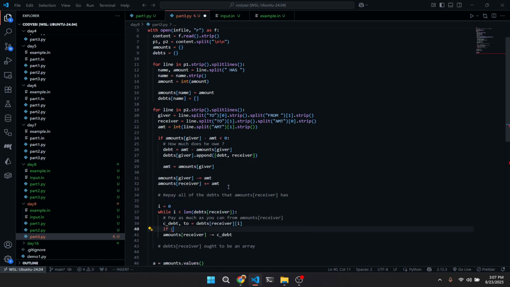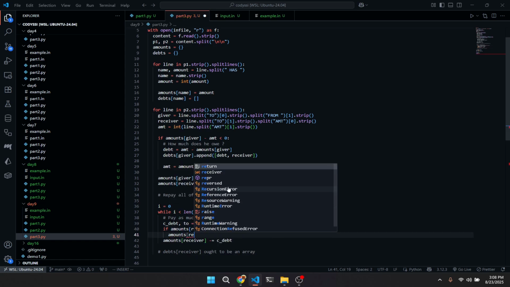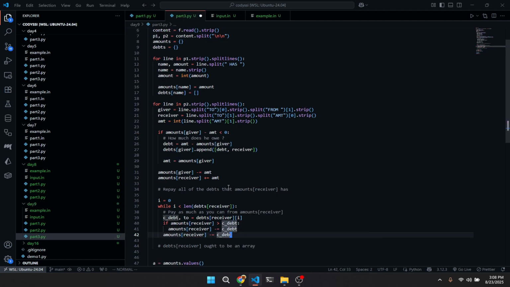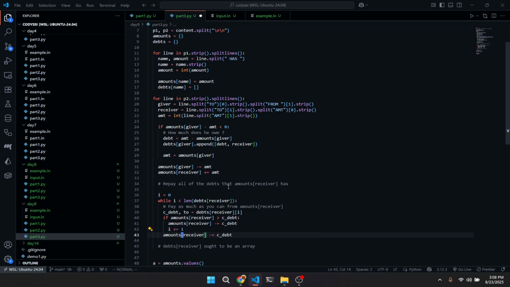Because I want to say, currently if you look at the debt and 2, if I can pay, what does it mean that I can actually pay all of this debt? It means amounts at receiver is bigger than this, then I can pay the entire debt, which means amounts at receiver goes down just by the debt, and then I goes up, which means I'm going to try paying the next one, right?